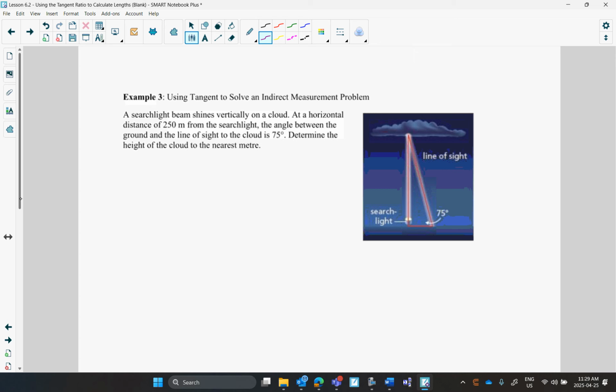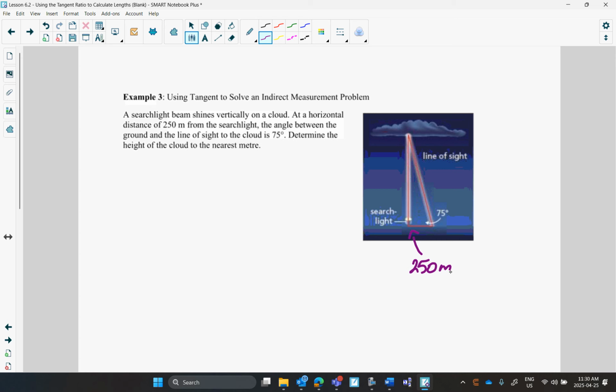So if we go 250 meters this way, the angle between the ground and looking up to the cloud is 75 degrees. That means this is 250 meters. That's where the 250 meters gets labeled. We are asked to find the height of the cloud.